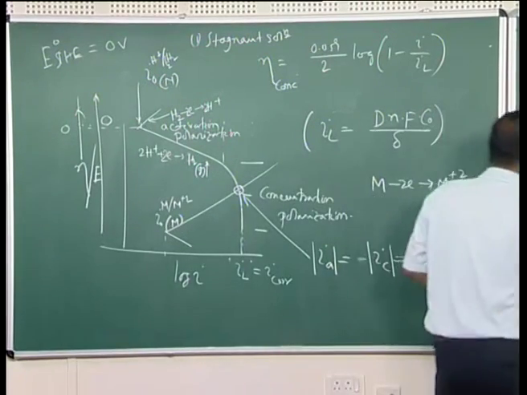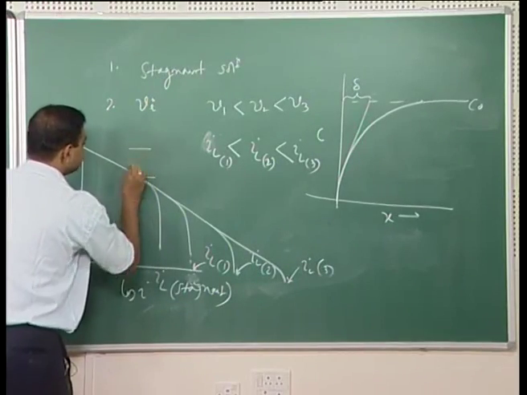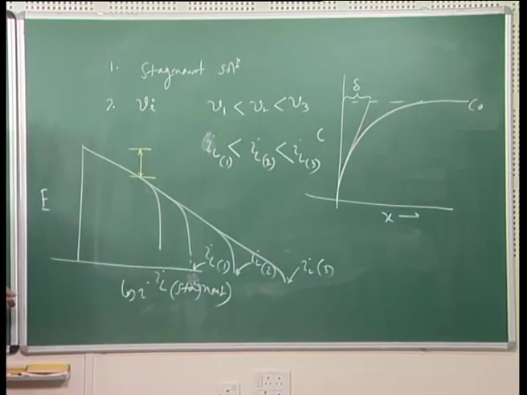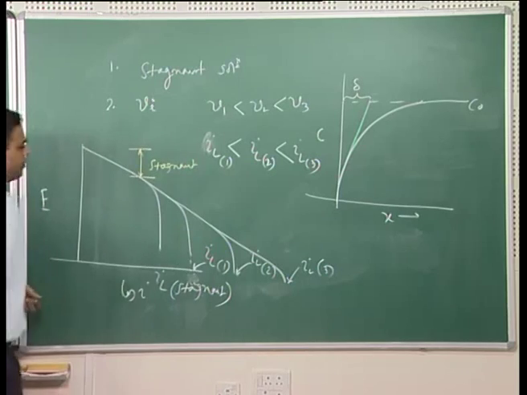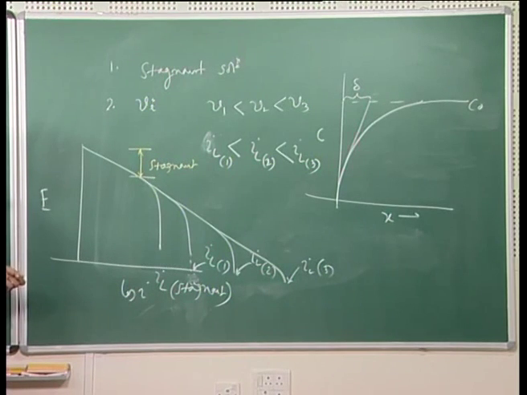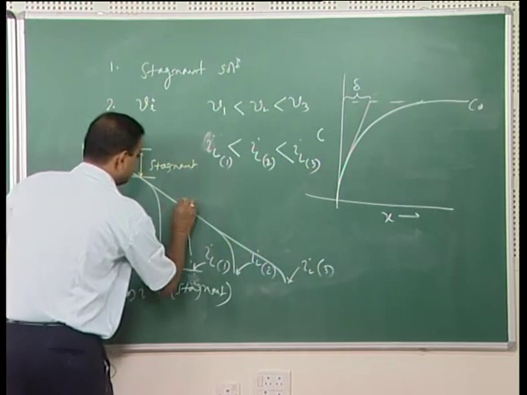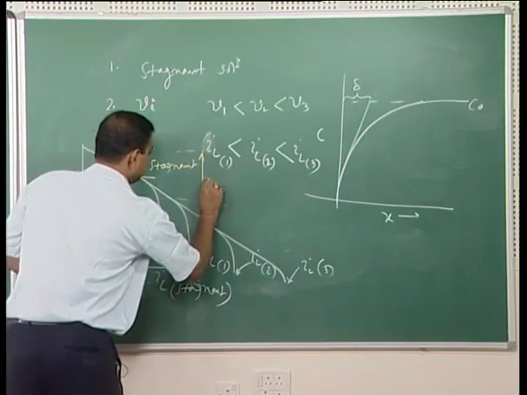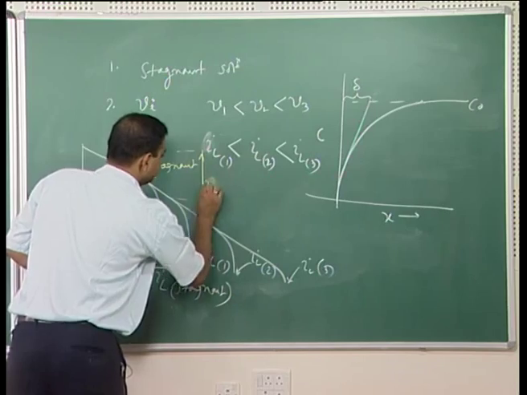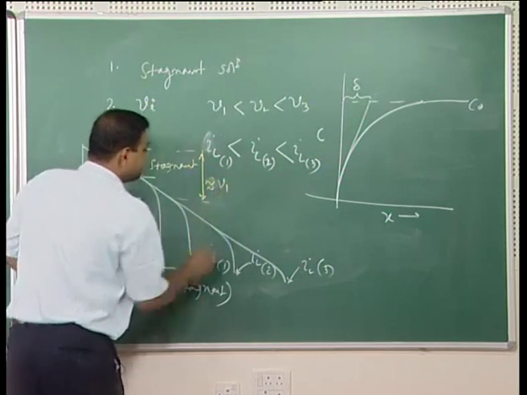When it is stagnant, my activation polarization is this much, that means this is stagnant. When I increase it to velocity V1, my activation polarization width is this much, this corresponds to V1.